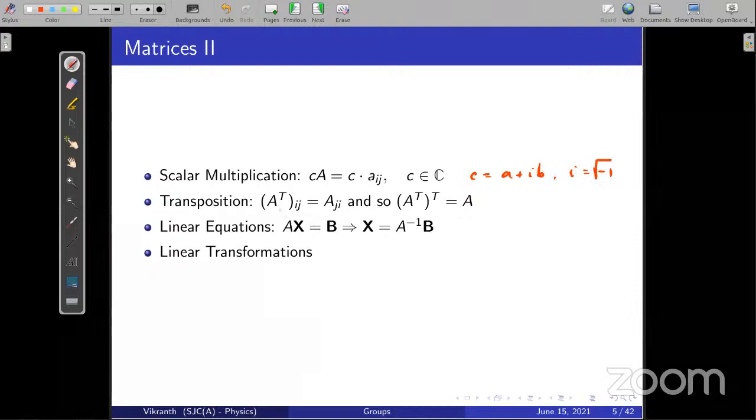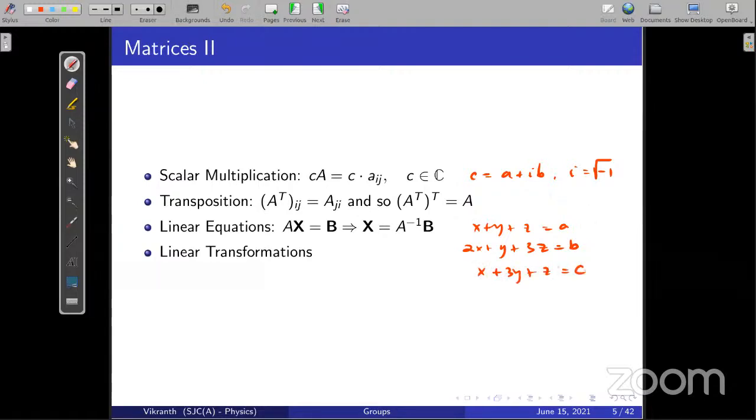You can also take a transpose where you exchange the rows and the columns. One of the most useful applications of matrices or matrix algebra, or linear algebra if you want to say, is solving linear equations. These are systems that you've already seen, something like x plus y plus z equals a, and then let's say 2x plus y plus 3z equals b, and let's say x plus 3y plus z equals c.